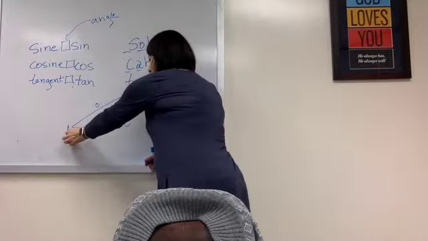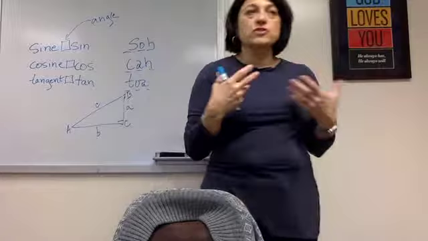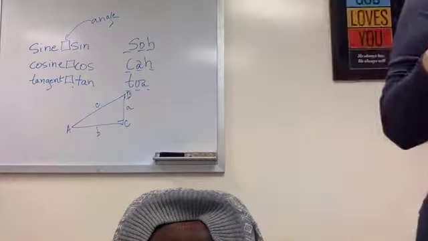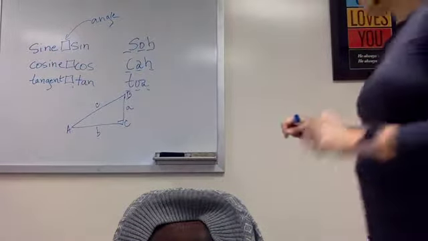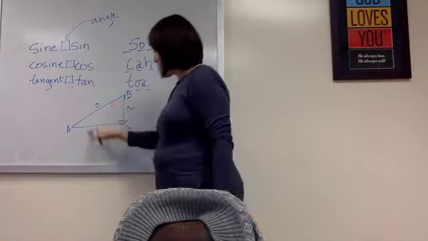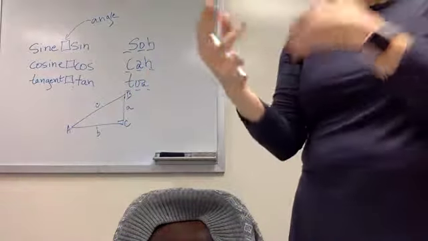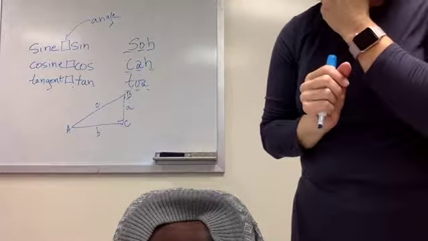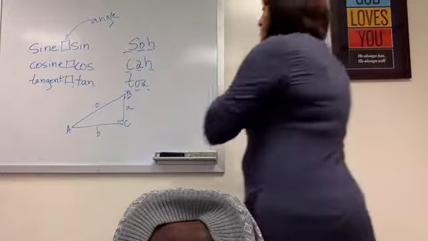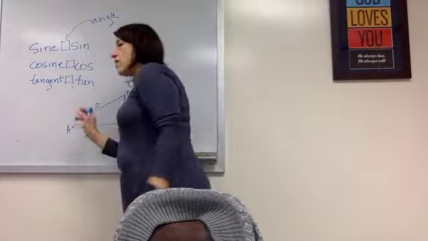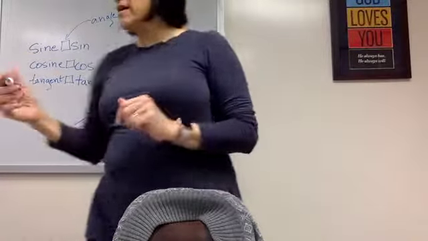So the big capital letters represent the actual angles themselves. I don't know what those are right now. And the little lowercase letters represent the length of the side opposite that angle. So without even knowing what these angles are, these ratios exist, no matter what.